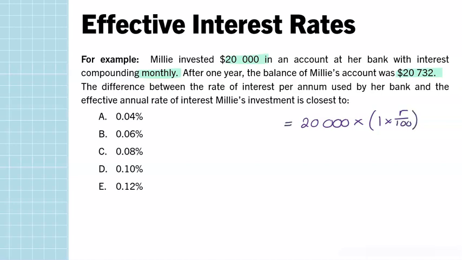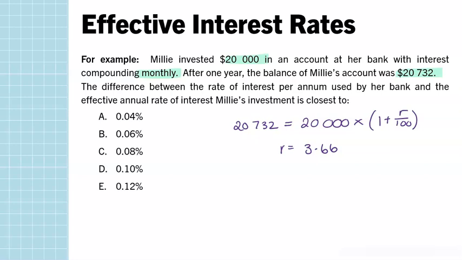And we've been told that the value at the end of 1 year will be $20,732. So we can use that to find the effective rate, treating it as 1 year. When we solve that, we get R equals 3.66. So that is our effective interest rate. The compounding has been happening monthly, but we've just looked at the impact of the interest over a 1 year period.